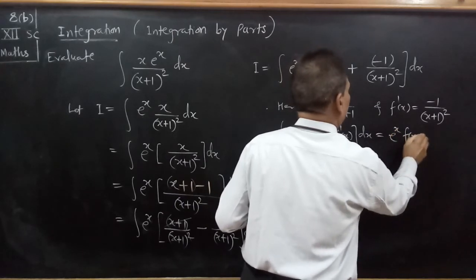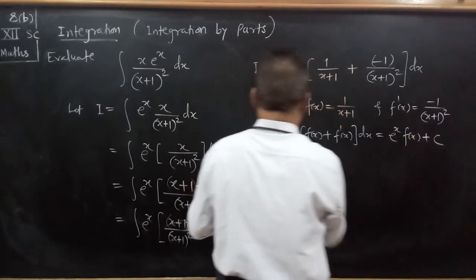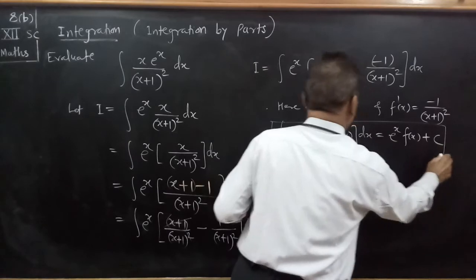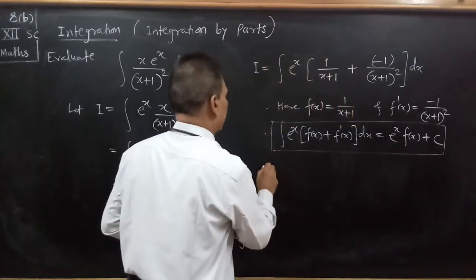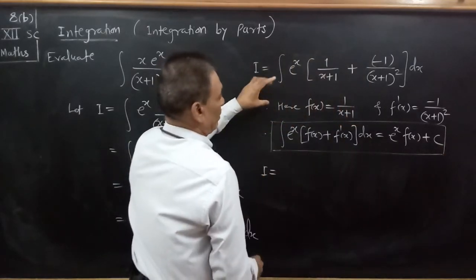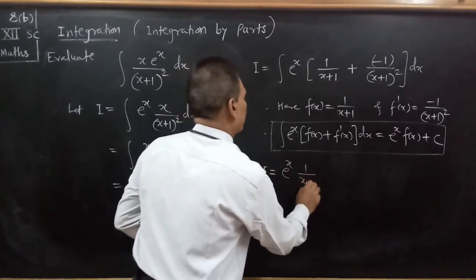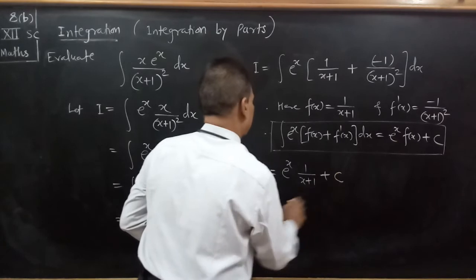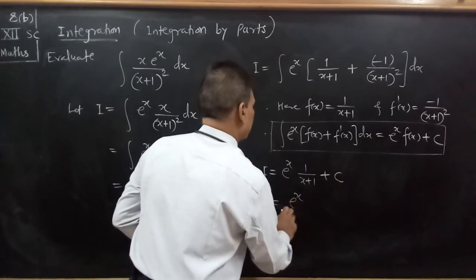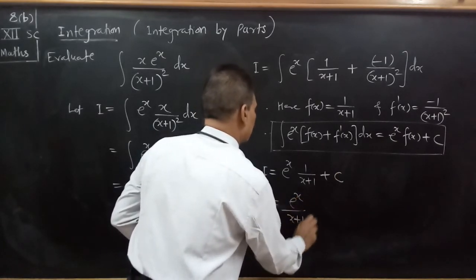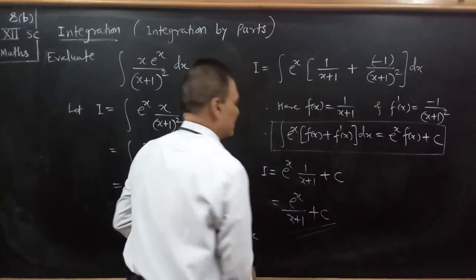As per this result, you write your answer directly. Your answer is e raised to x into 1 upon x plus 1 plus c, and that is nothing but e raised to x divided by x plus 1 plus c, the final answer. Got it, students? Make a note.